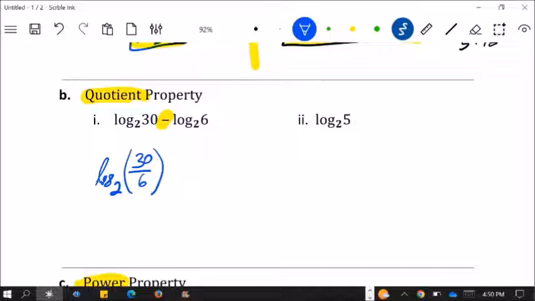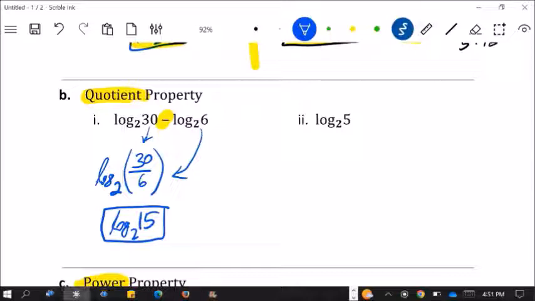That's all we have to do. We just have to put the numerator and denominator. As long as they're the same base number, the 2, and it's subtracting, then we make a fraction. This can be reduced. So now we see that this can be log base 2 of the number 15. Wait a minute. No, it is 5. 30 divided by 6 is 5. Okay. So log base 2 of 5 here.